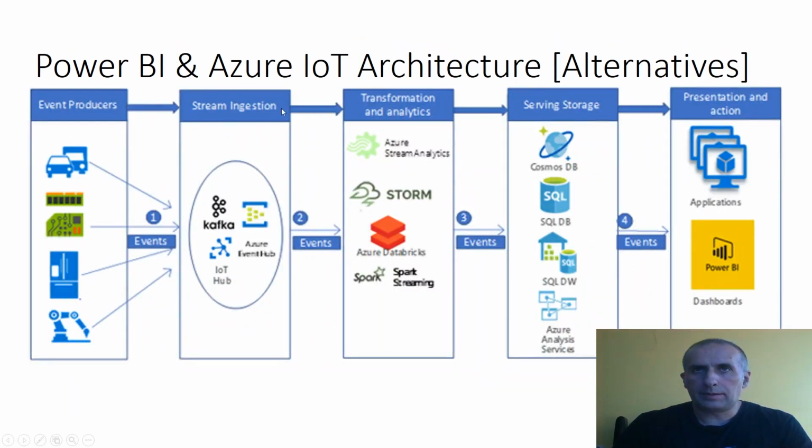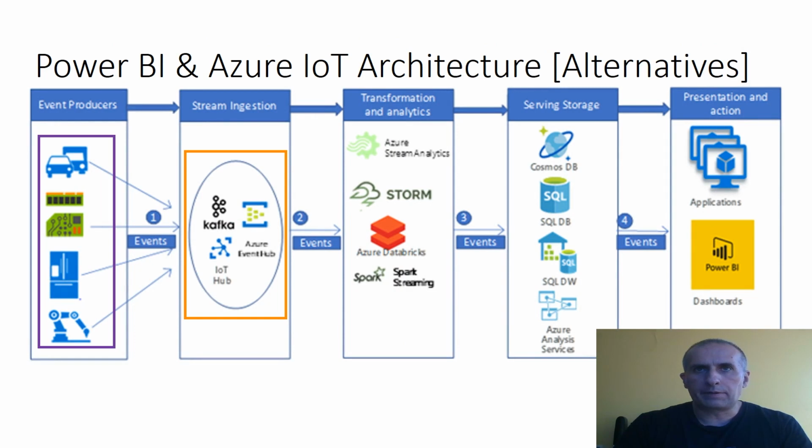You can see on this schema that we have different alternatives for each component. We can have stream processing using different services. We can have also Cloud Gateway, which can be also an alternative of Azure IoT Hub. It is possible to have Azure Event Hub. It is possible to use open source services like Kafka.